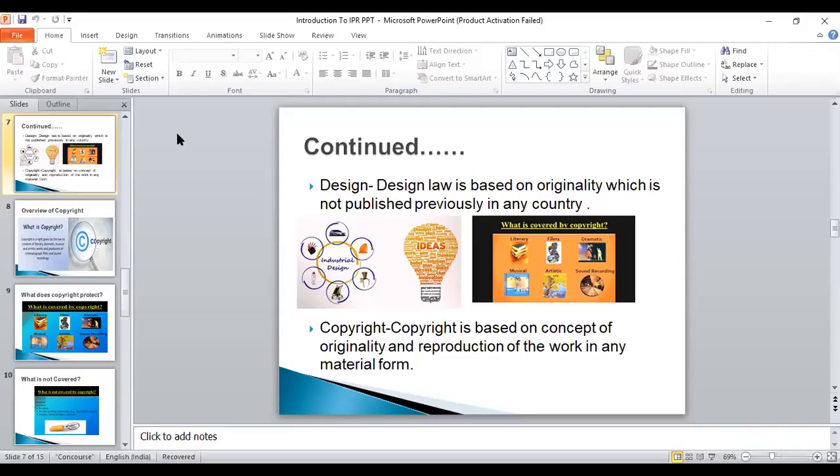And if there is any unauthorized acquisition, use or disclosure of any such secret information in a manner that is contrary to honest commercial practices by others, it is regarded as an unfair practice and a violation of trade secret protection, right? So actually trade secret lasts for 20 years, but it may continue to last indefinitely as long as the secret is not revealed to the public, right?